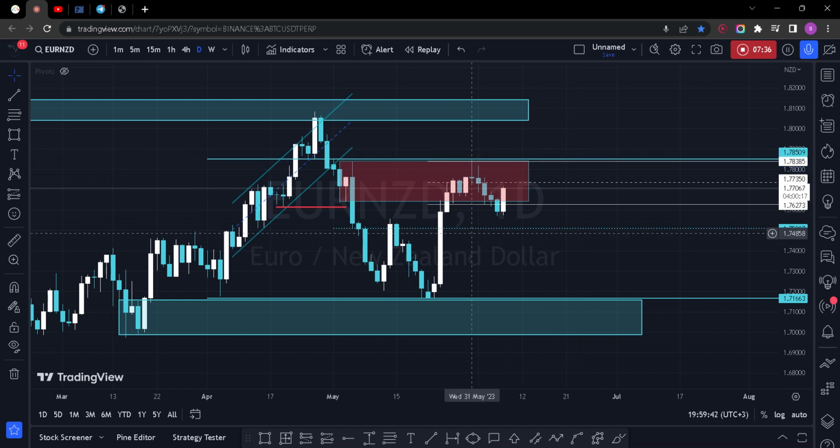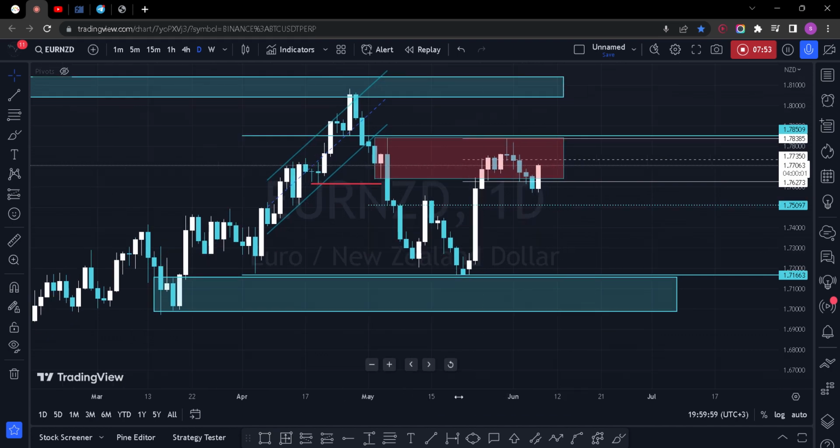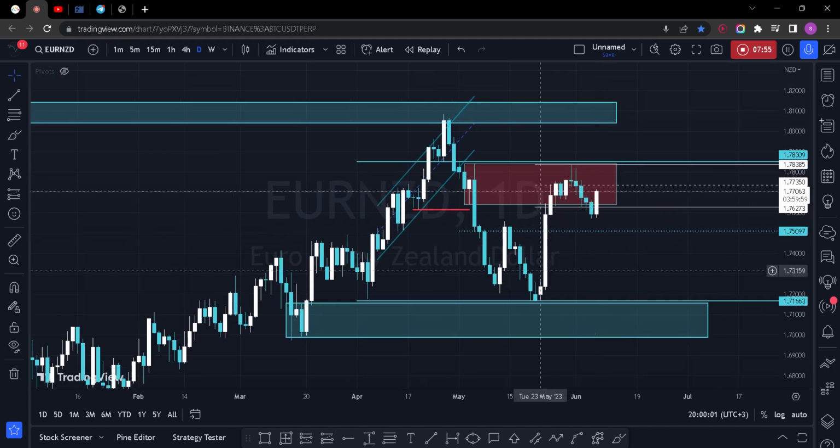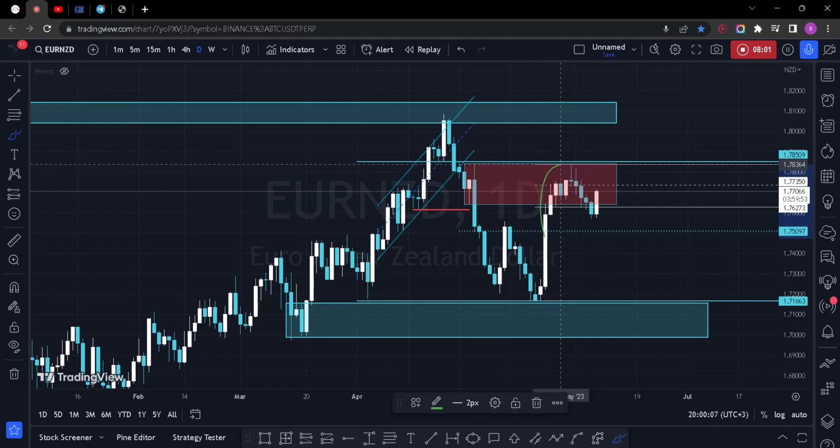So that way. This candle right here was the origin for this move that broke our structure. So I've highlighted it that way. For the past few days, I've been observing whether price will actually revisit our origin and sell off.